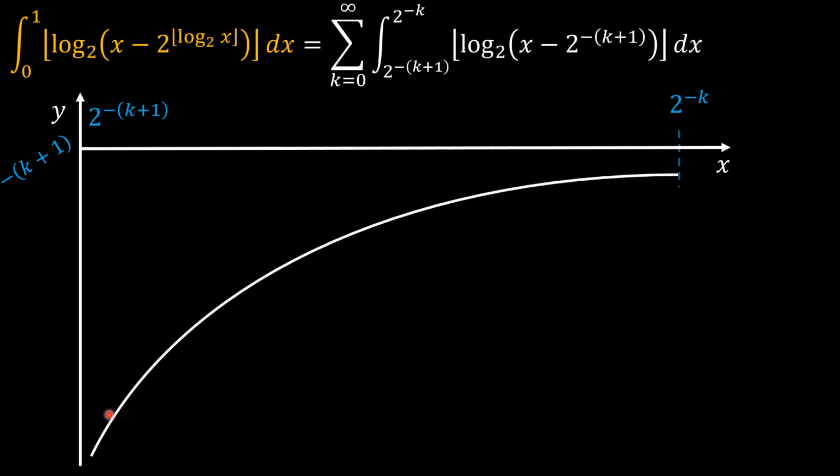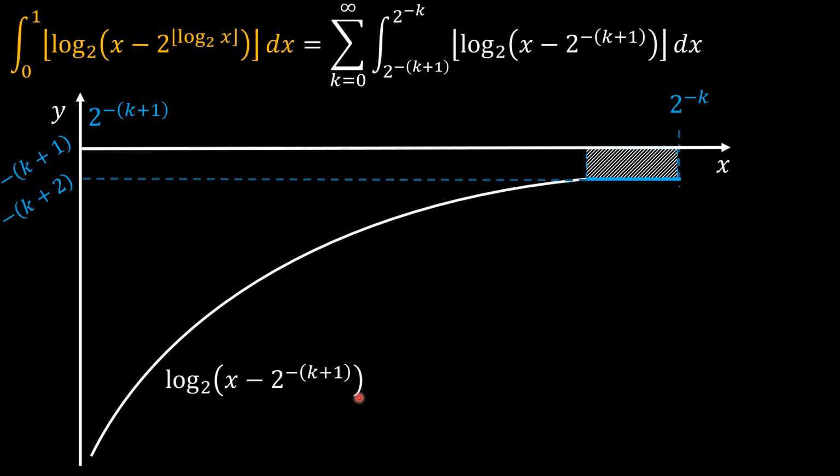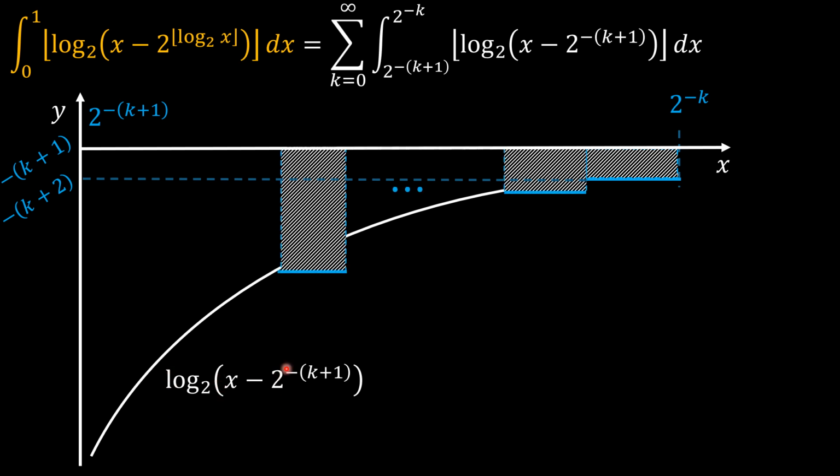So we have x equals 2 to the power negative k plus 1 to x equals 2 to the power negative k in that interval, and we have log to the base 2 of x minus 2 to the power negative k plus 1. In this interval we have strips, and in each strip we have a constant value attributable to the floor of this function, right?